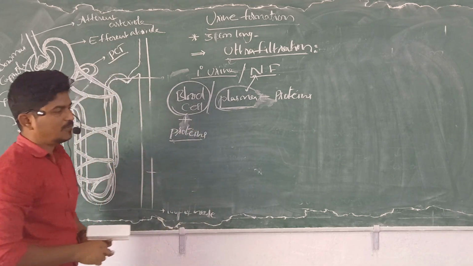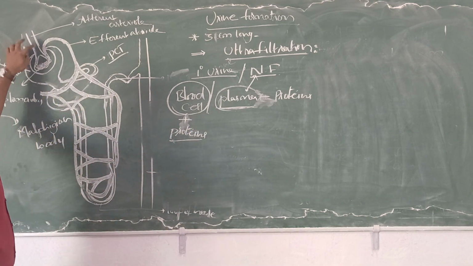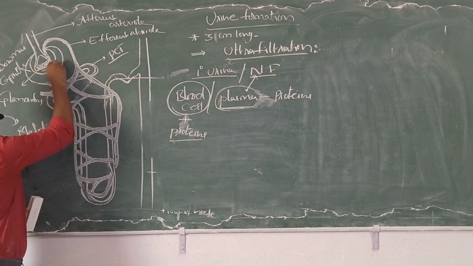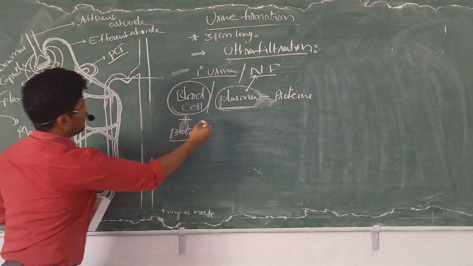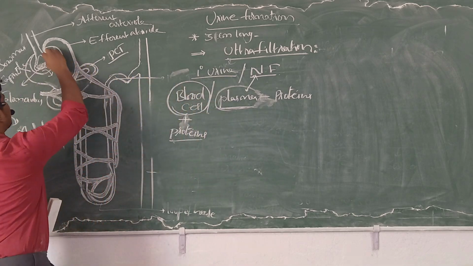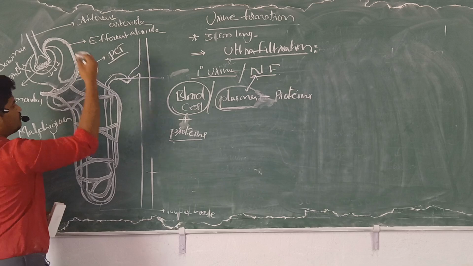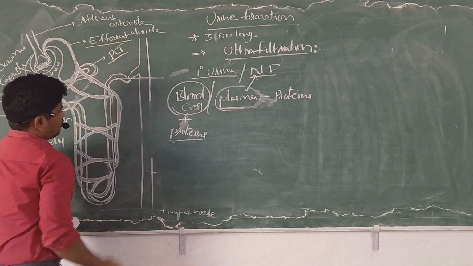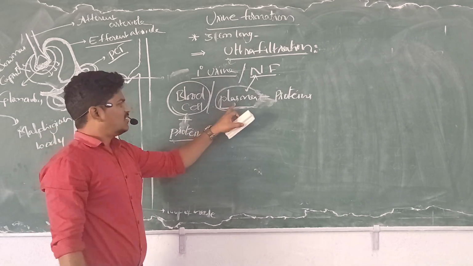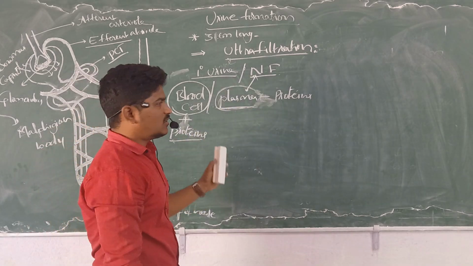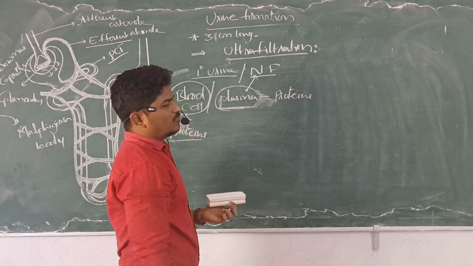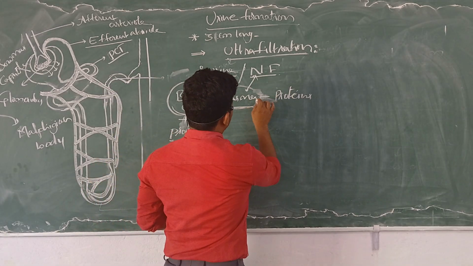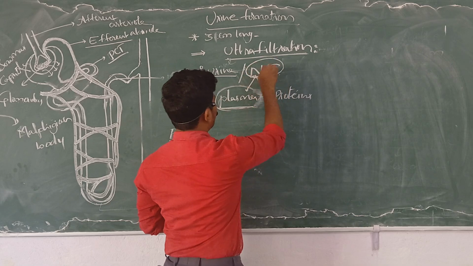Remember, when the blood came here, the plasma went in this direction, and the remaining blood cells along with the proteins entered into the afferent arteriole. That means plasma, which is entire water and somewhat inorganic molecules, was present here except proteins. That is the composition of nephric filtrate.